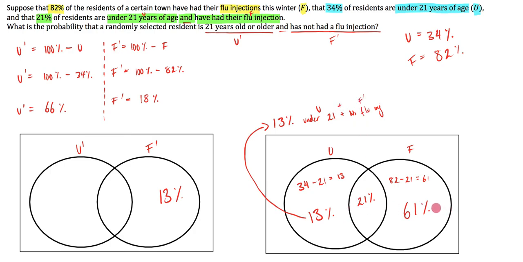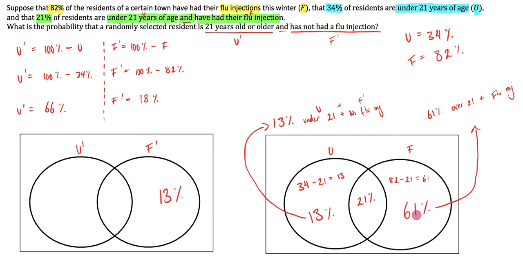We could also look at this 61%. Because it's not in this region, it's telling us that they are over 21. And because it's in this region, it's telling us that they have had the flu injection. Let me go over that again.